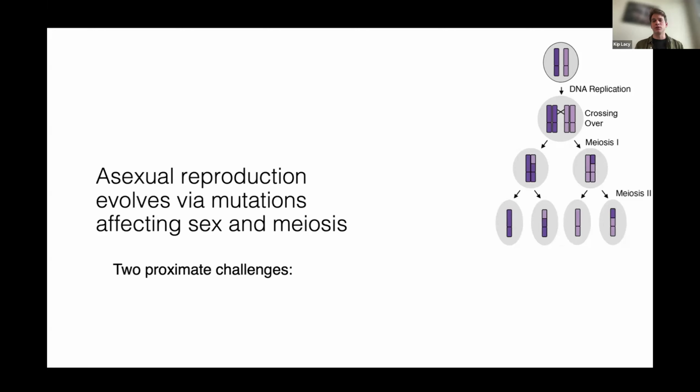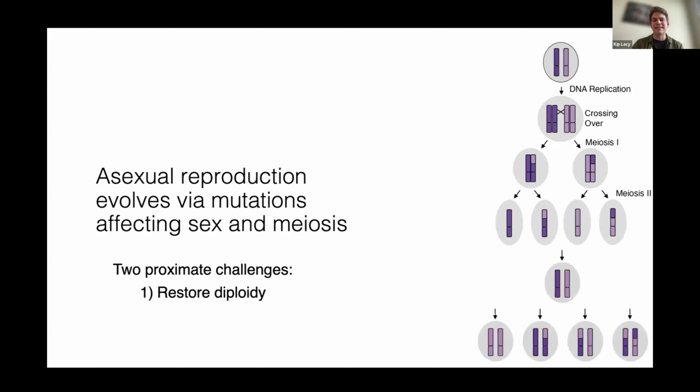So incipient asexual lineages face two proximate challenges. First, they need to restore ploidy without sexual fertilization, but they need to do so in such a way that maintains viable genotypes. That's important because the ways of restoring ploidy have different effects on the genotypes of offspring.